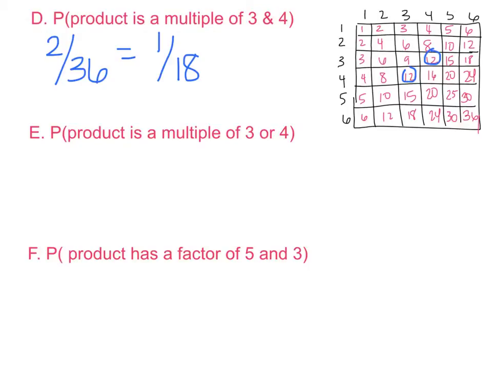So now we want the probability that the product is a multiple of 3 or 4. So let's go through it and circle all of our multiples of 3. So we have 3, 6, another 6, 12, 3, 6, 9, 12, 15, 18, 12, 24, 15, 30, 6, 12, 18, 24, 30, and 36.